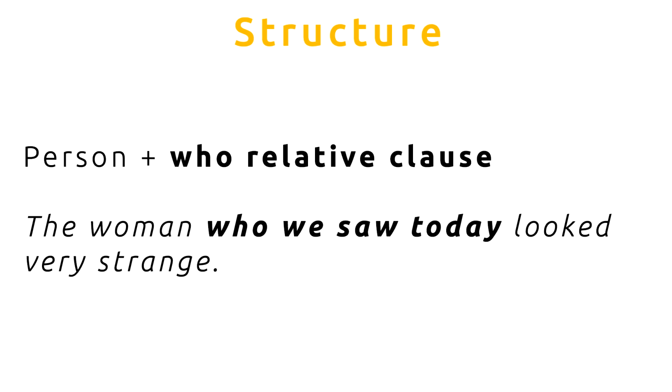This is a who relative clause. If I simply said, the woman looked very strange, people wouldn't know what woman I was talking about. So the who relative clause identifies which woman I'm talking about.